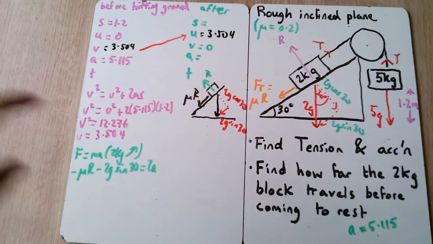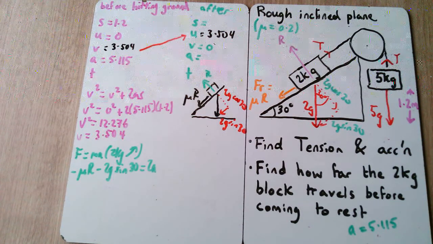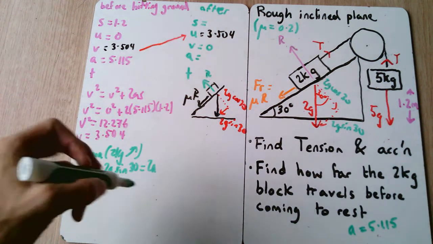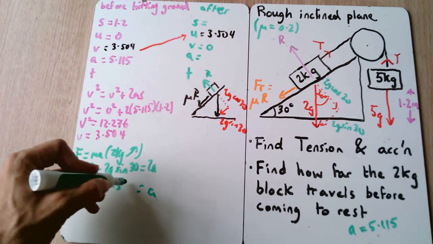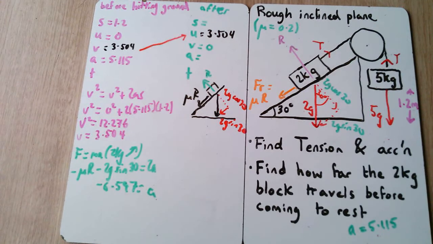So if we substitute those values into that equation, we get minus 0.2 times 2 times 9.8 cos 30 minus 2 times 9.8 sine 30, and then divided by 2 gives us an answer of minus 6.597. So the acceleration is now equal to minus 6.597.